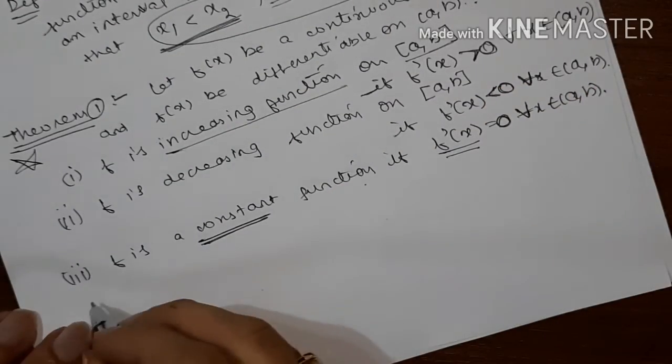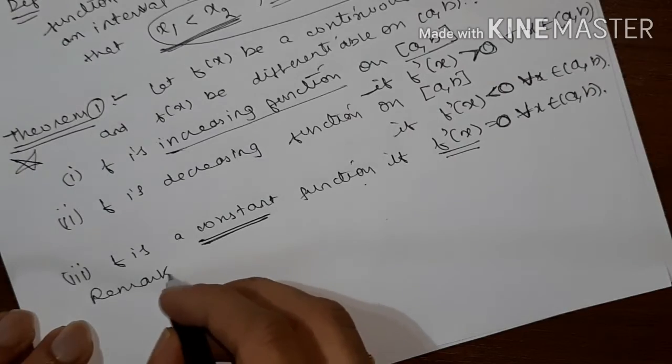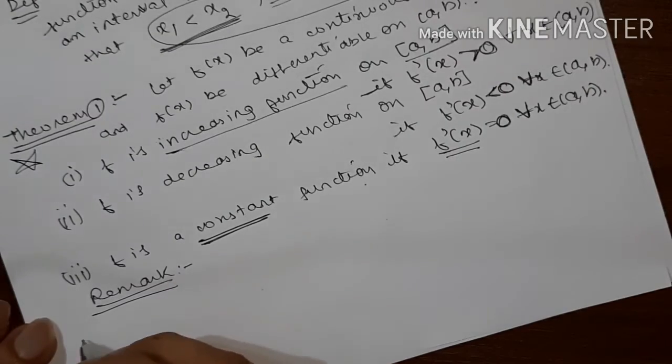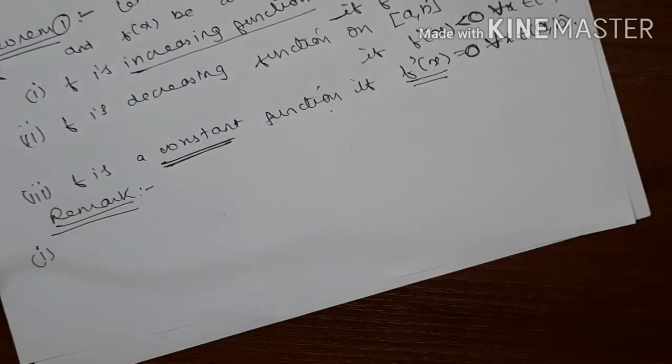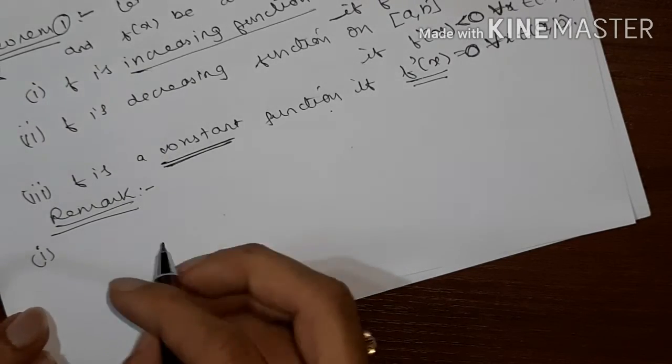Now you have to know one remark here. The remark is regarding increasing and decreasing functions on the open interval, and also we will talk about strictly increasing and decreasing functions.